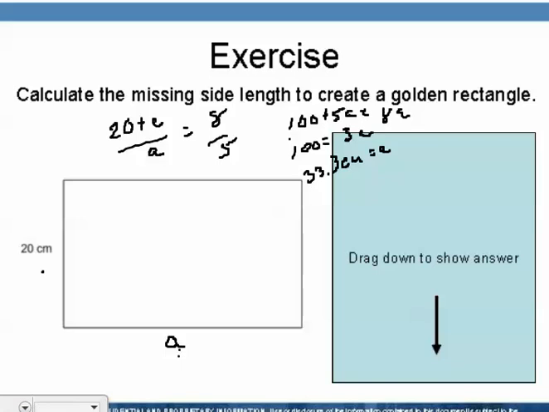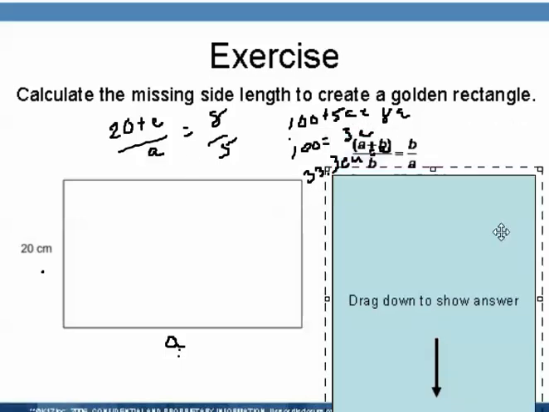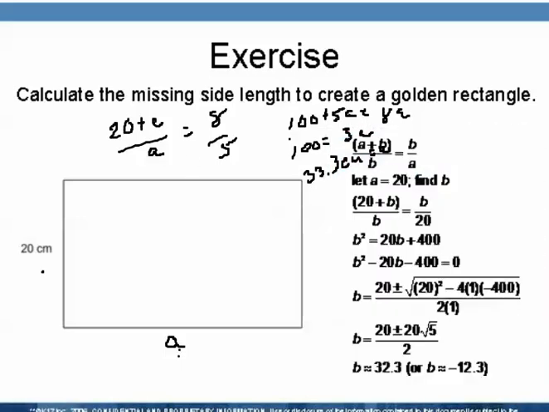Let's see here. Did I get the right answer? A equals 20 and find B. So 20 plus B over B is B over 20, or 8 over 5.